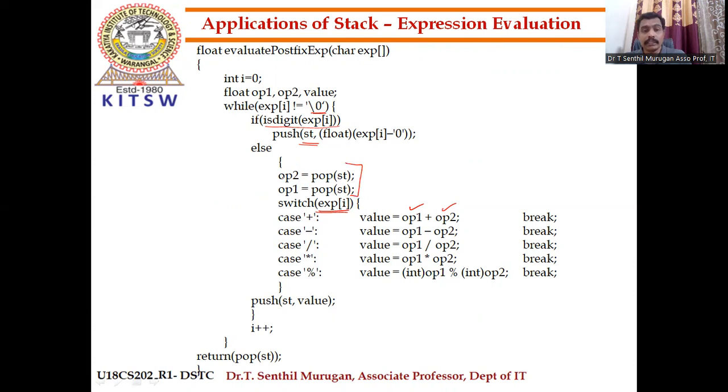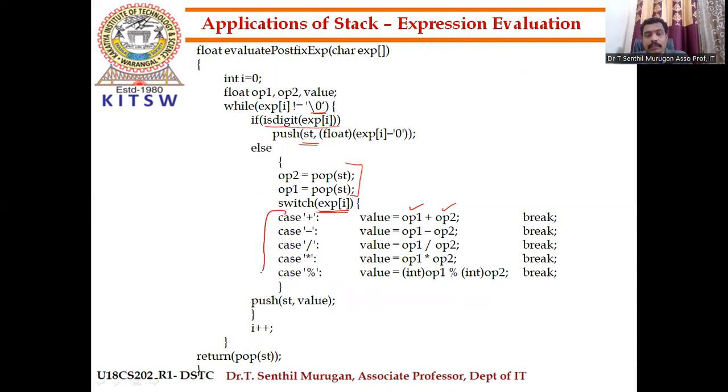Just see: initially the first popped operand is taken as OP2 and the second as OP1. That's why we write the expression like this: OP2 plus OP1, second variable plus first variable.